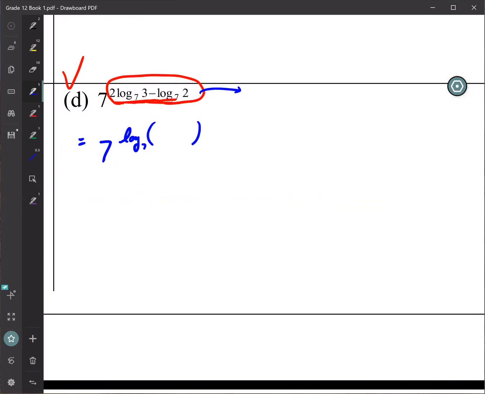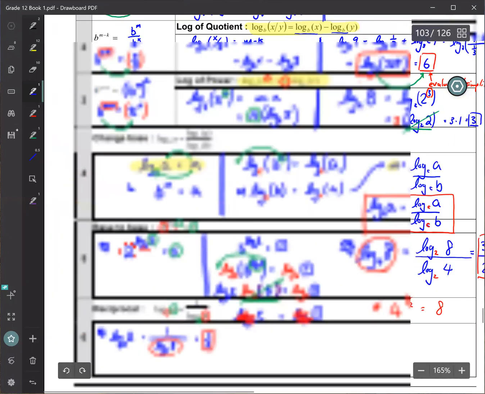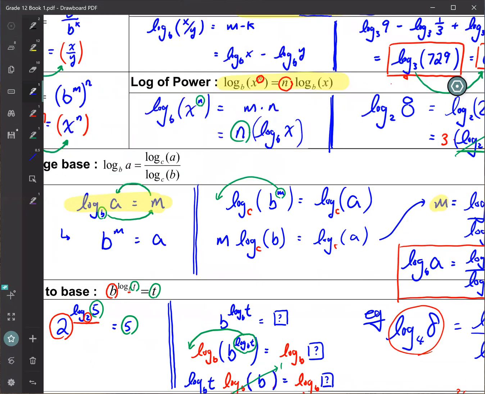You bring it to the... look at rule set 3, right? If there's a number in front of log, where can you put it?